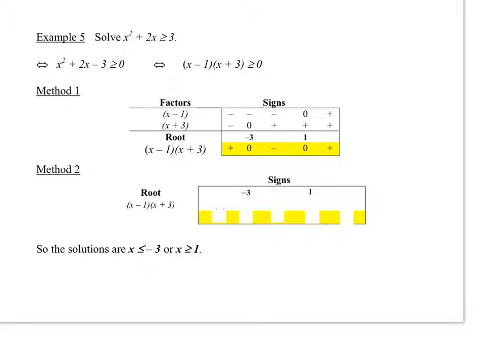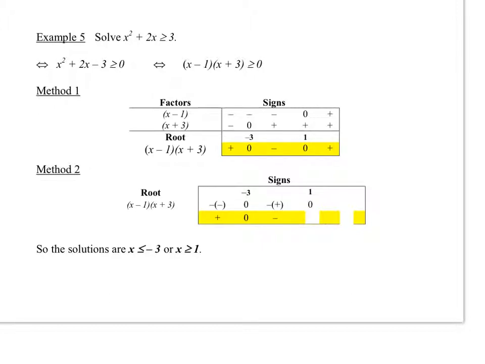So to the left of negative 3, it's going to be a negative times a negative. That's going to be a positive. For negative 3 itself, the whole thing is going to be 0. Between negative 3 and 1, if you put in, for example, a value of 0 for x, we'll have a negative times a positive, and if you do that, what you should get is a negative.